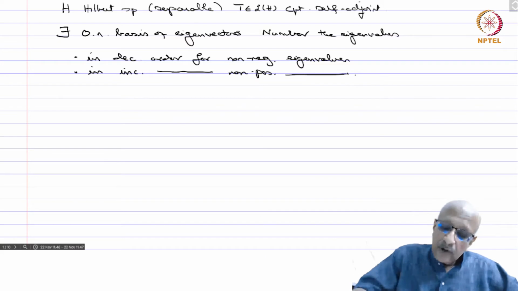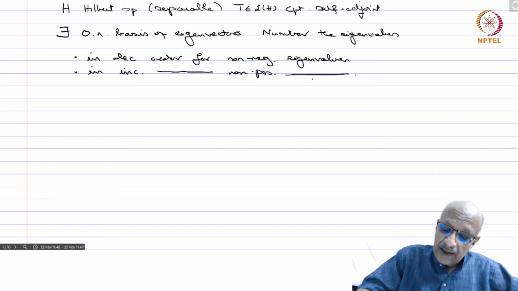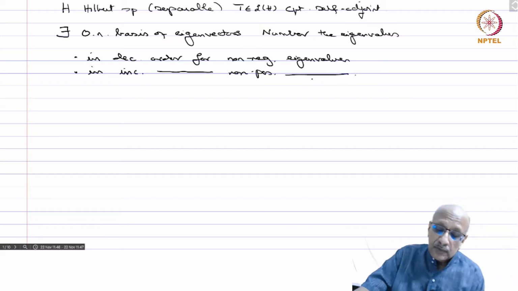So for the result I am going to state below, it doesn't matter where we put the eigenvalue 0, if at all it is an eigenvalue, because it will come last.